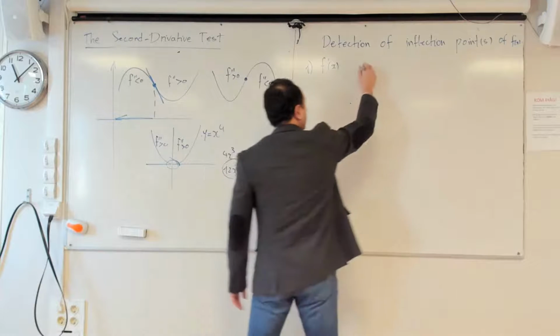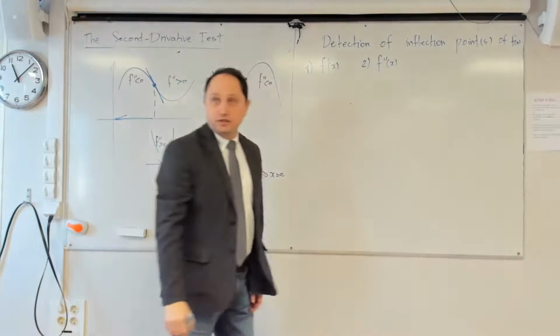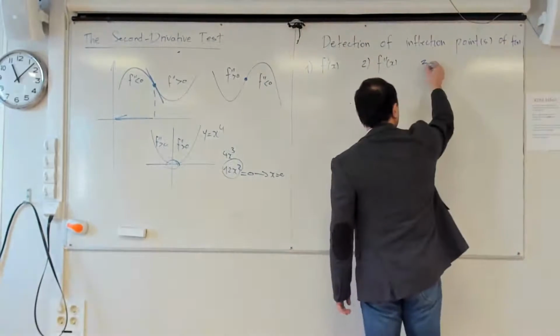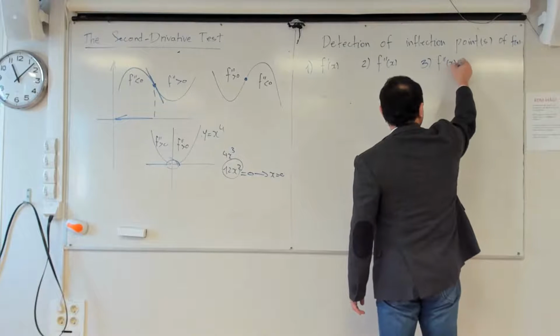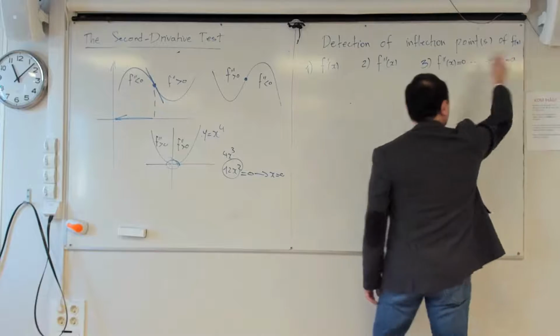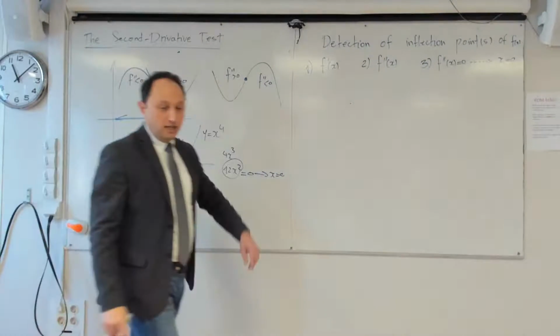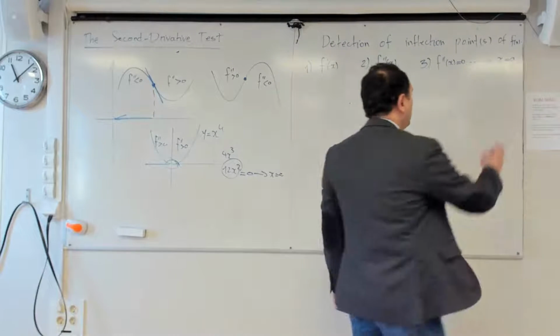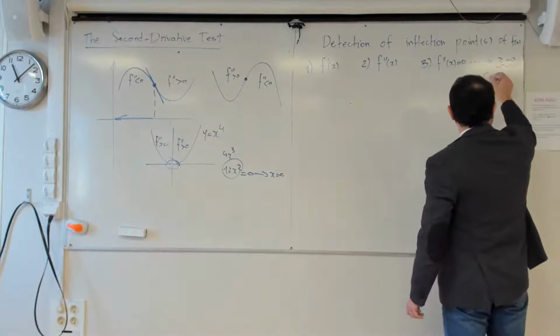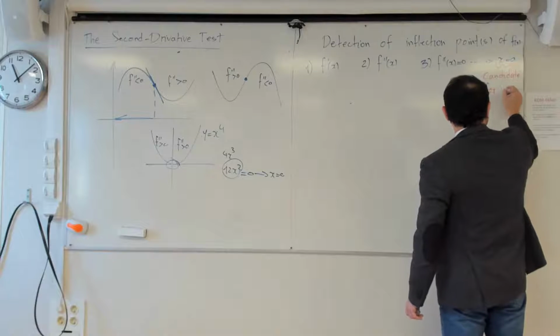Determine f prime of x. Second, determine f double prime of x, yes? Number 3, put it equal to 0 and assume that you solve this and you get a. I'm just summarizing it. This is here a possible candidate for the inflection.